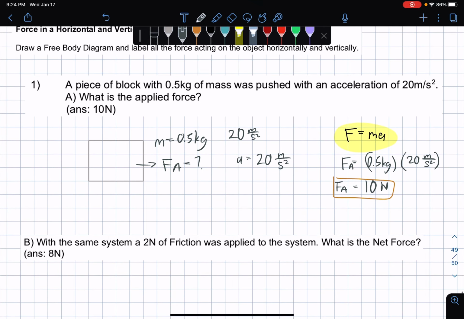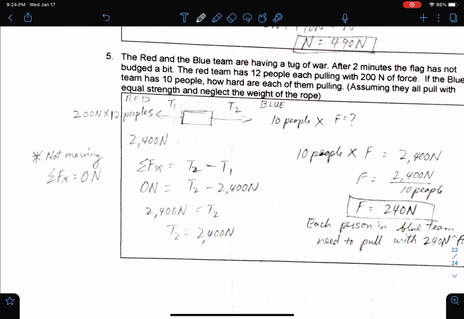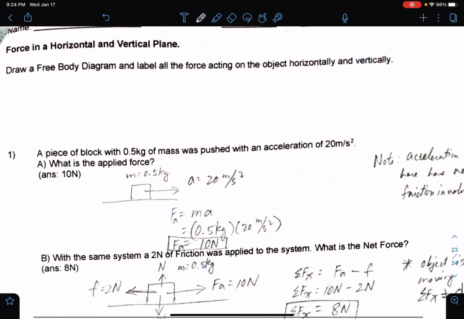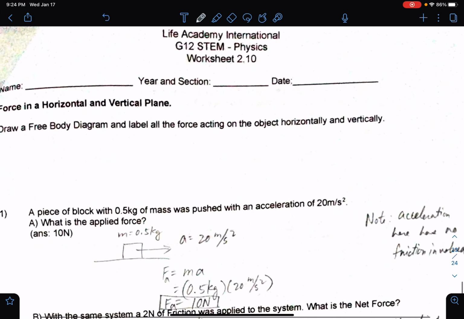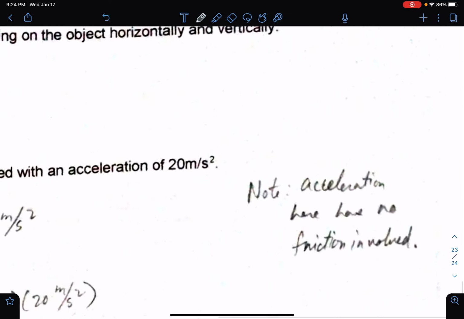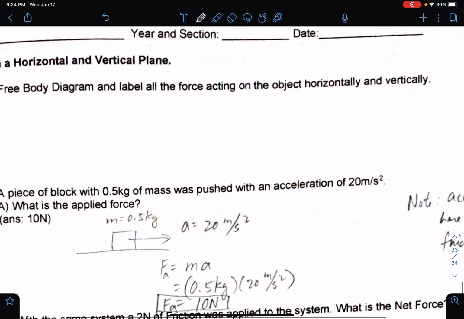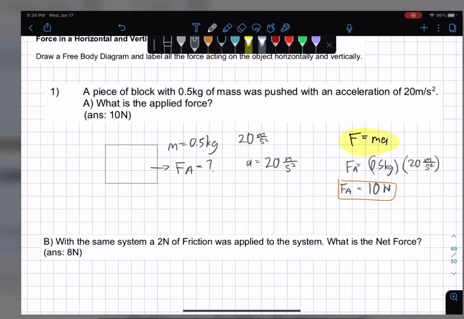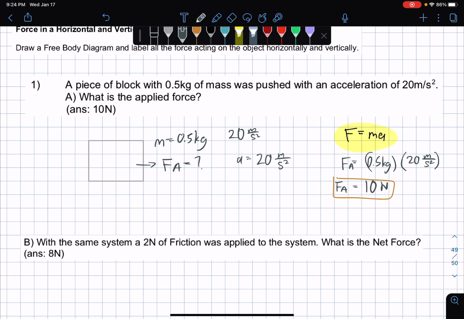So we have 10 newtons. Is that the same answer? Oh yes, we found it. Note the acceleration here has no friction involved. Yeah, best note that also.